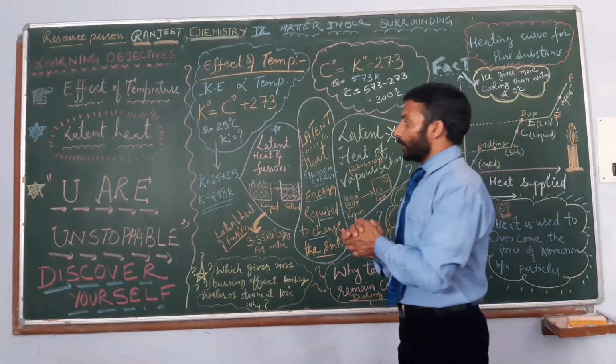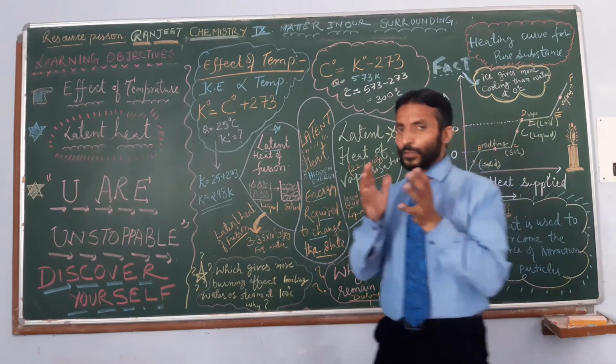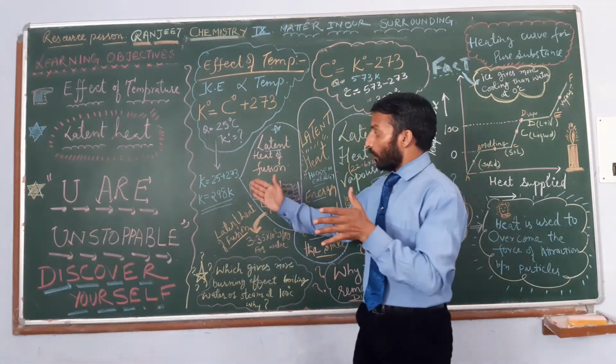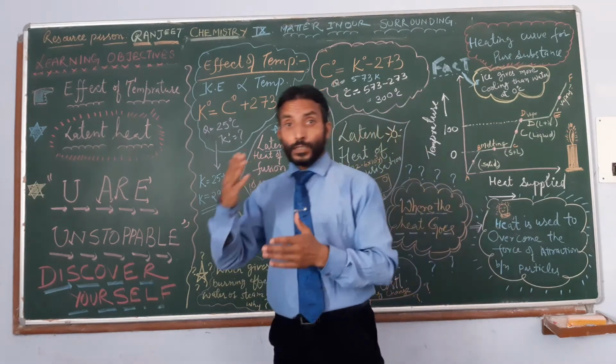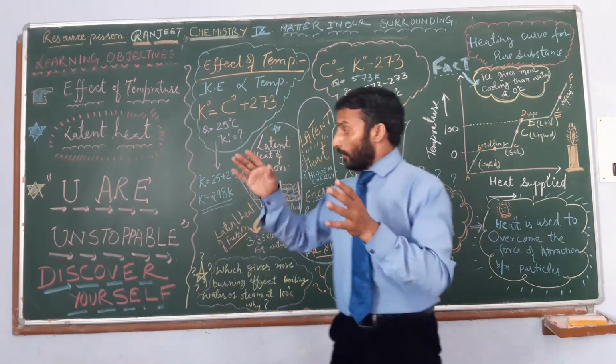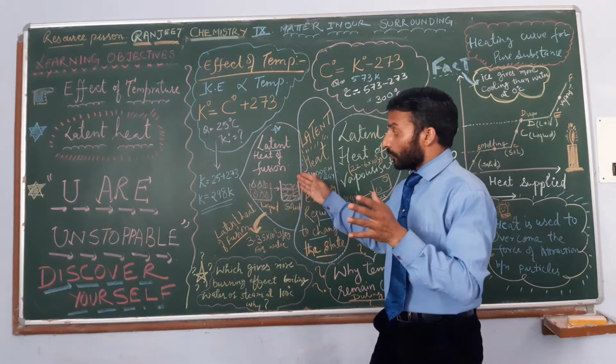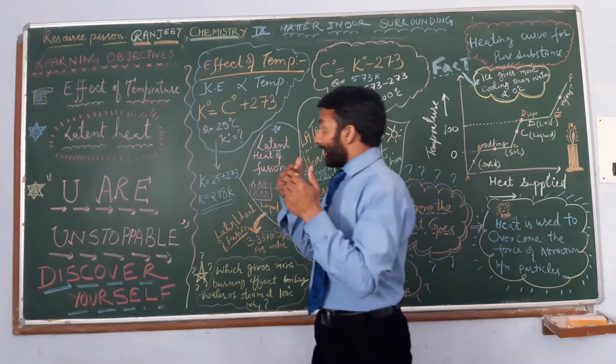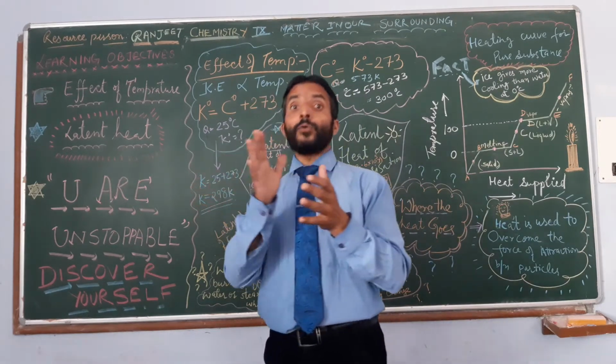What is latent heat of fusion? As we know, fusion is the process of conversion of liquid into solid. For example, water converted into ice. The solid state is ice, and the energy is released here.